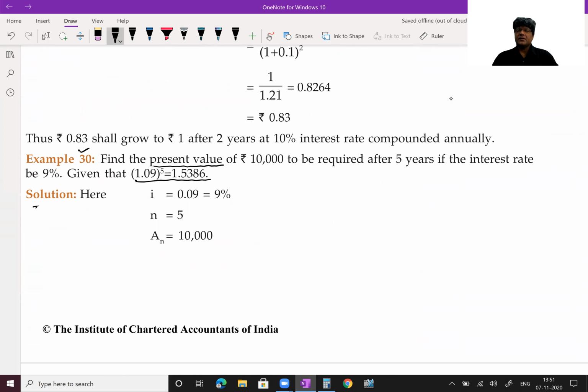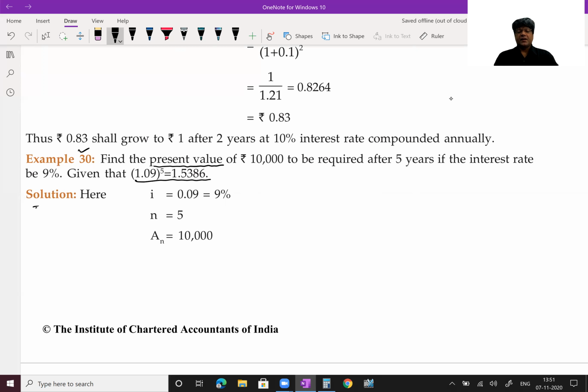Why? Annuity means installment, guys. Installment means equal amount of money paid or received at equal intervals of time. But in this question, it's not a question of annuity. See, anywhere in this question, is annuity or installment mentioned? No. It's a very simple question of compound interest.